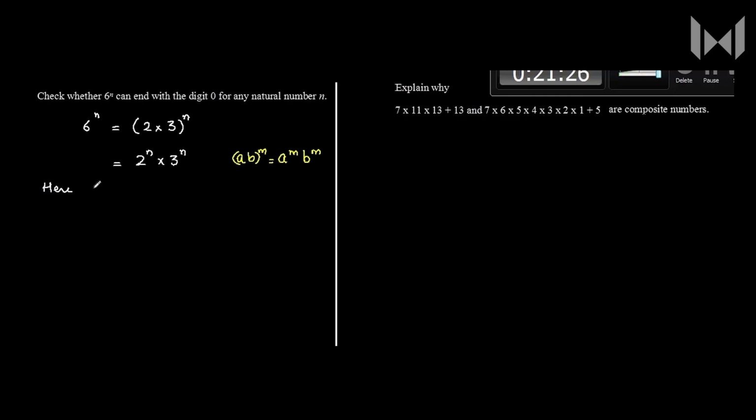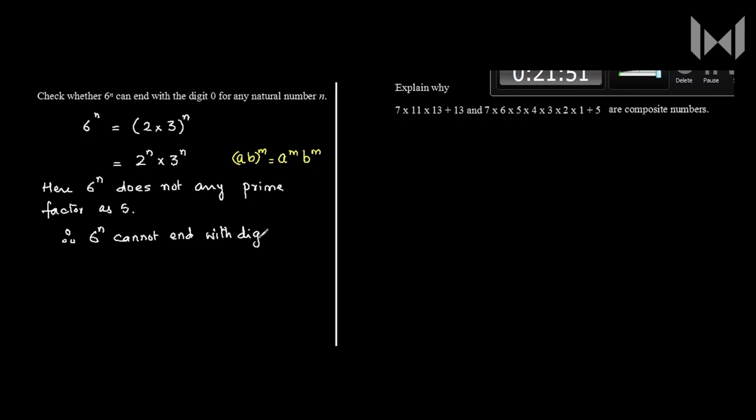Here 6 raised to the power n does not have any prime factor as 5. And therefore 6 to the power n cannot end with digit 0.